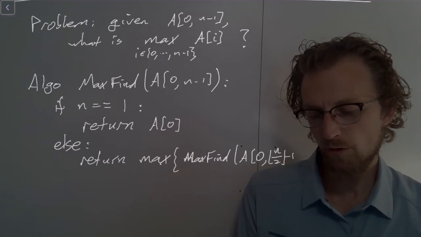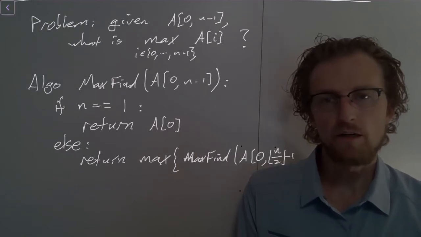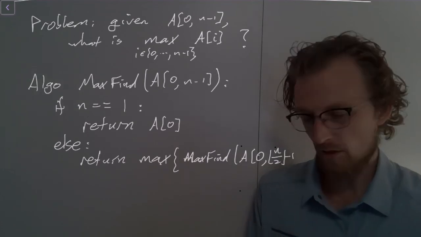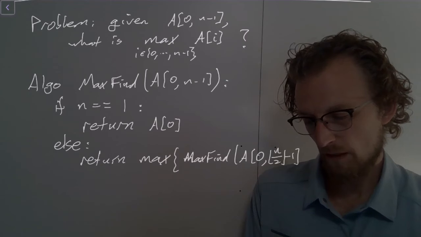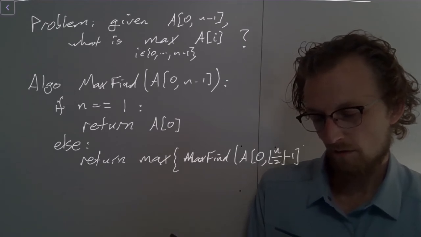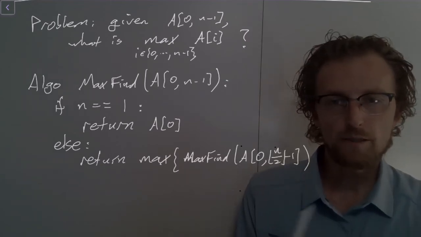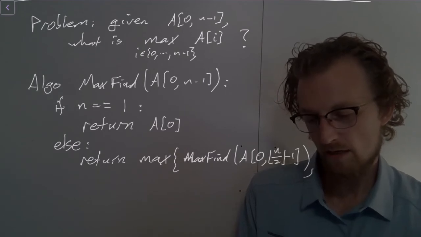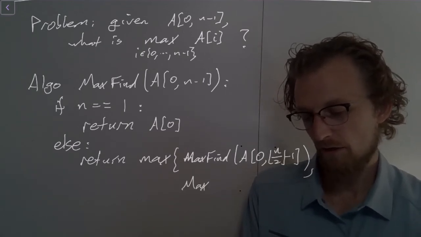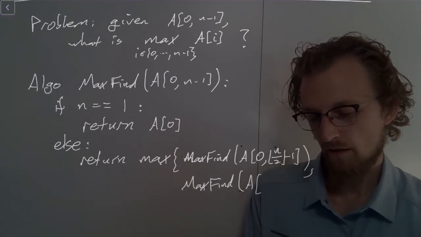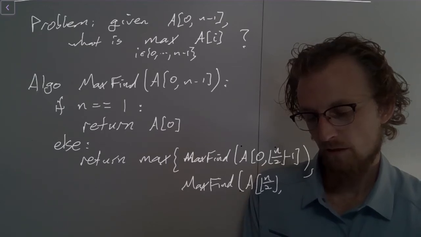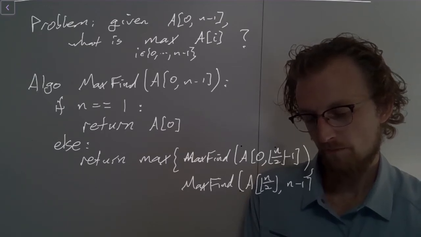So if n is 2, then this just gives me the first element. Right? It just looks at the first half of the array, which is just a single element. So we say return the max of max find on the first half of the array, comma max find on the second half of the array, A n over 2 to n minus 1, right?